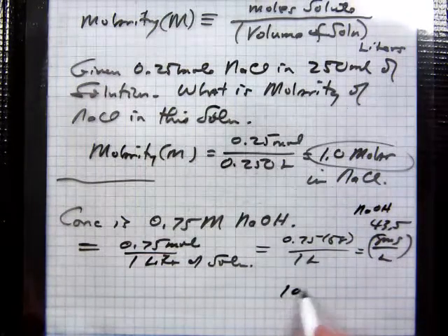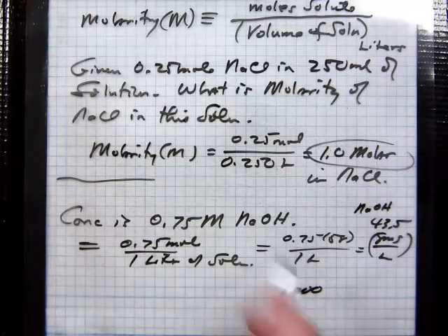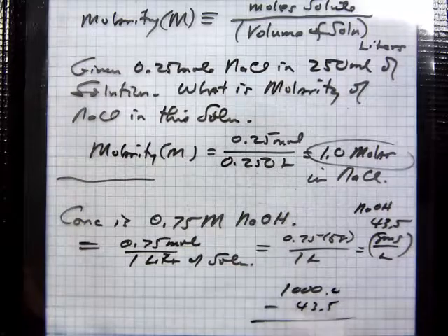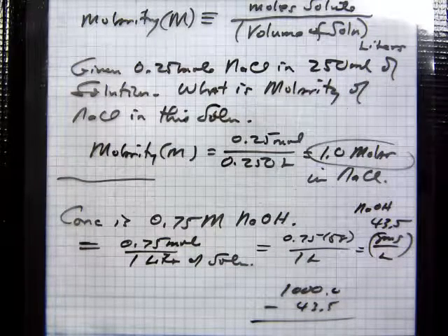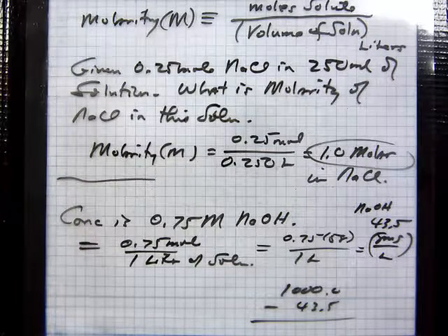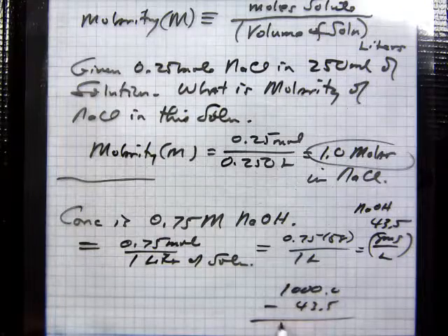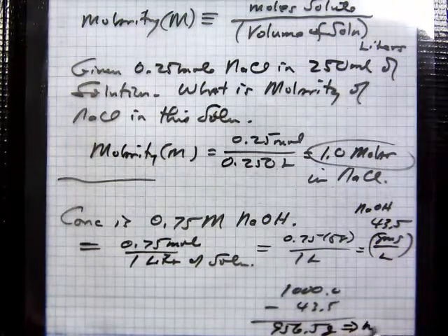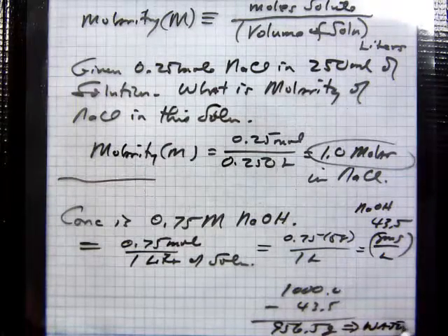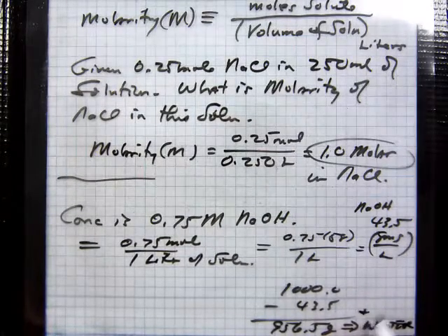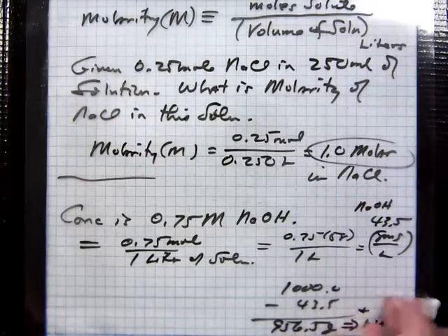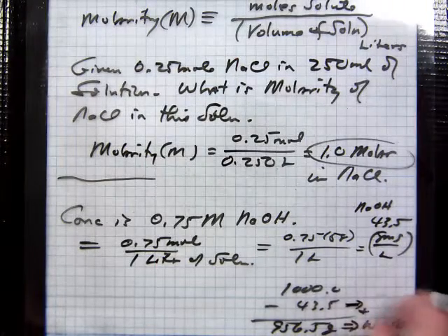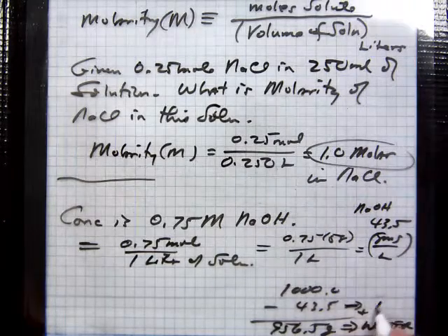Well, 1,000 grams is a liter, minus 43.5, so 956.5 grams is water, plus the 43.5 grams of NaOH.